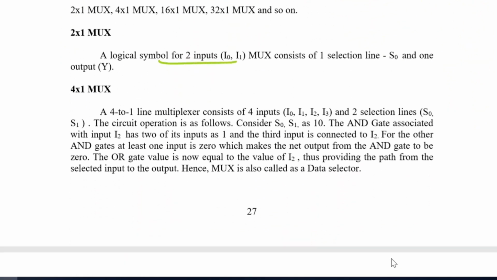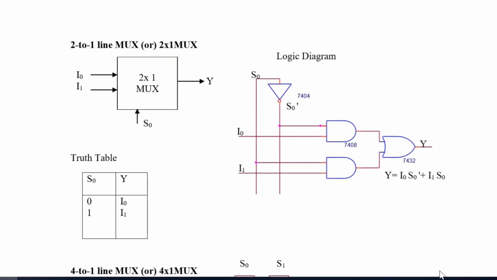If you have two inputs I0, I1, the mux consists of one single selection line S0 and one output line Y. So this is the block representation. Two inputs I0, I1, because our design is for 2 inputs to 1 output, so one S0 is possible. Why? Because in S0 we have two options, either 0 or 1. So how to construct a truth table?